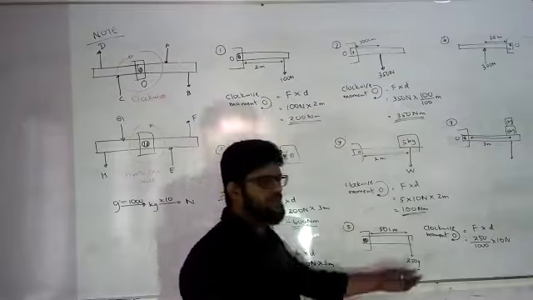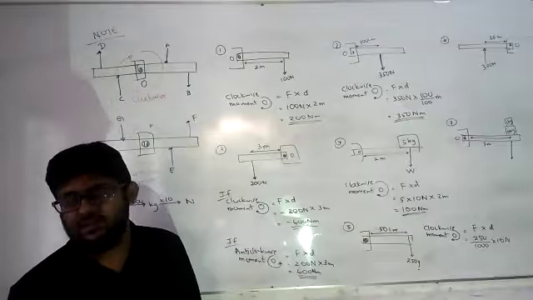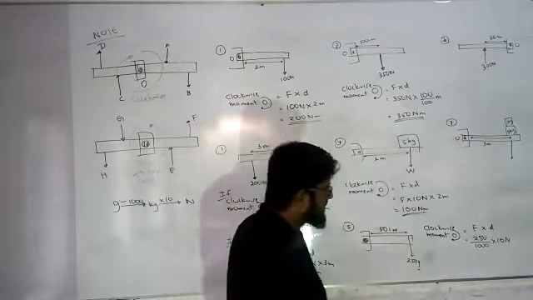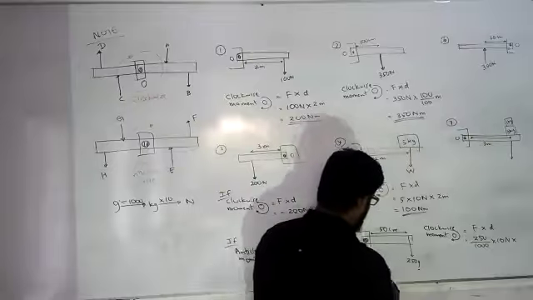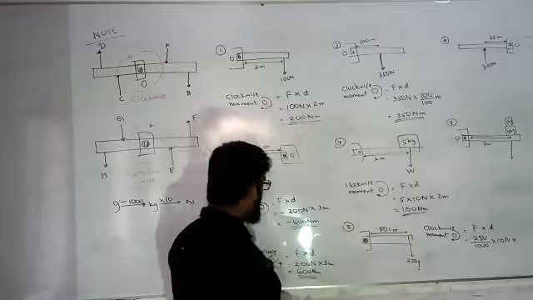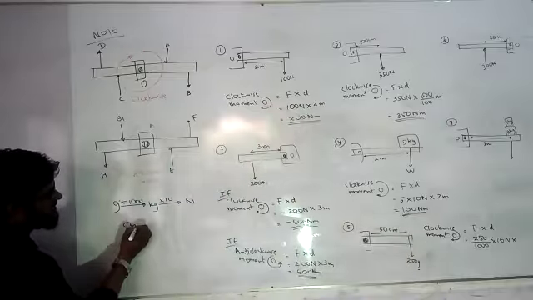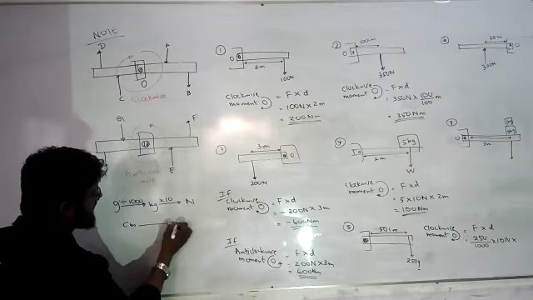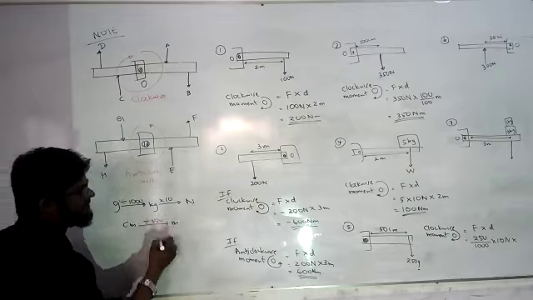You can't straight away write 250 newton. It's not 250 newton; 250 grams is given. So divided by 1000, into the distance given: 50 centimeters. To convert centimeters to meters, you divide by 100.